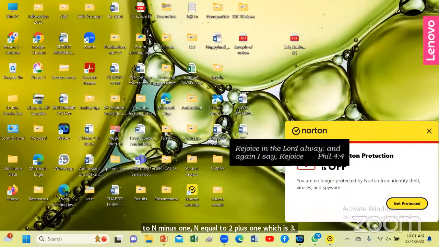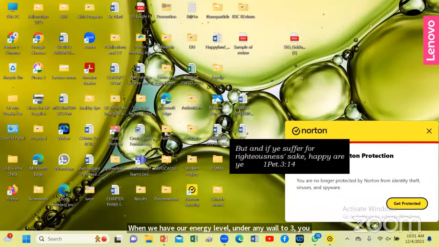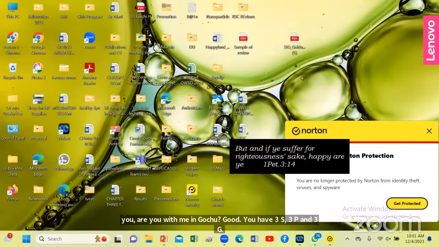When we have our energy level, under n equals 3, you have 3s, you have 3p, and you have 3d. Are you with me, Ugochukwu? Good. These 3s, 3p, and 3d, we call them subshells.